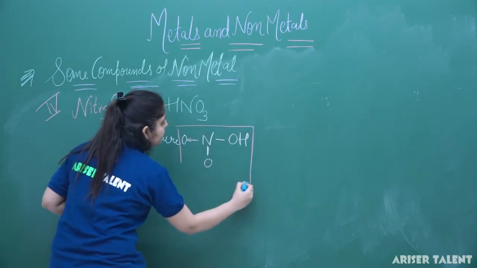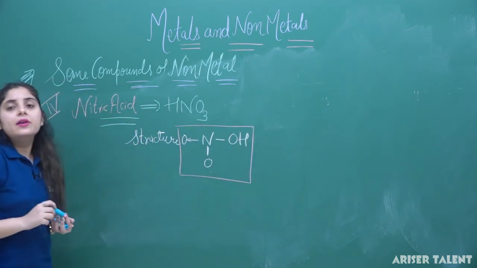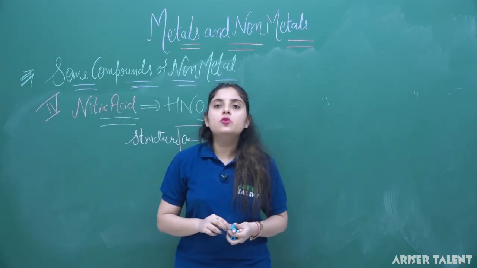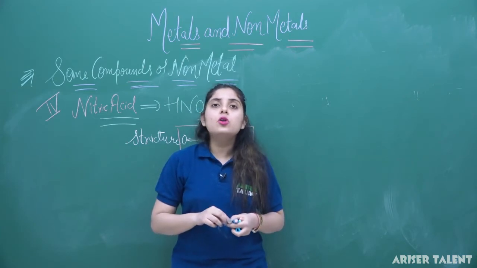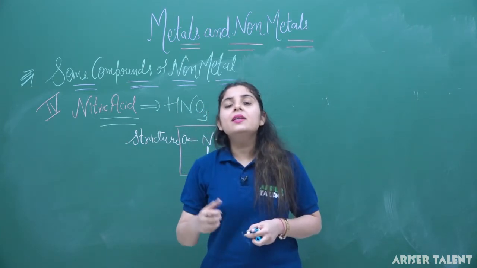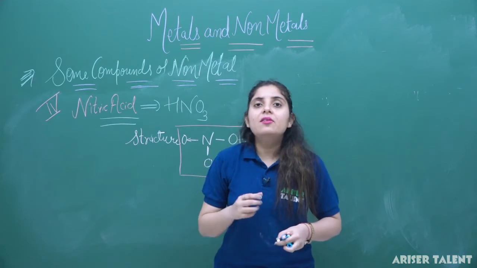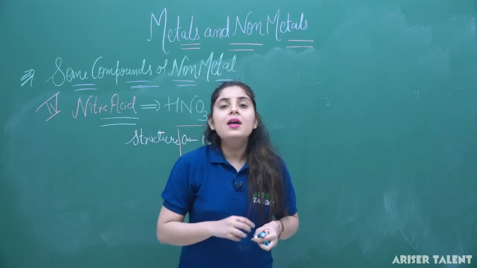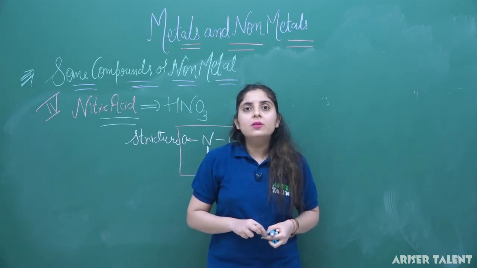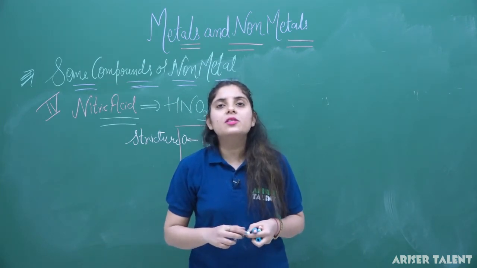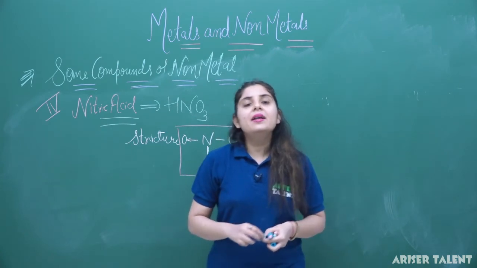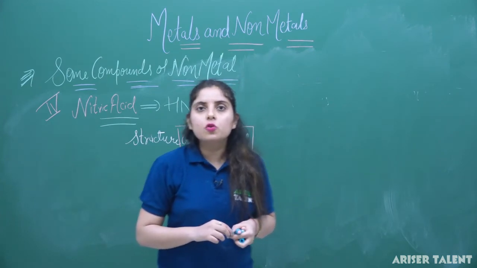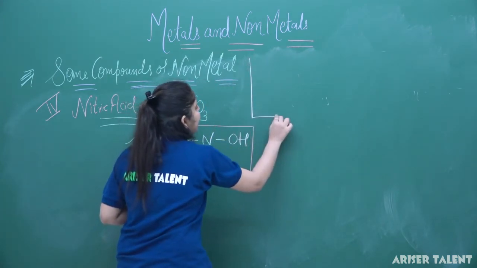So, this will be the structural formula for HNO3. Now, HNO3 is basically used for producing ammonium nitrate, which is used as a fertilizer, and it is also used for preparing certain industrial substances like trinitrotoluene, cyclonite, etc. And it is used in the dye industry. It is also used in the metallurgical process for extraction of metals, and sometimes in artificial and cosmetic purposes also. So, what are the applications of nitric acid?